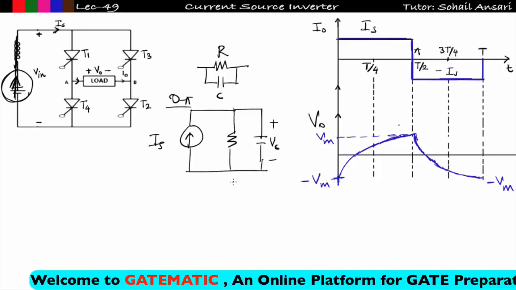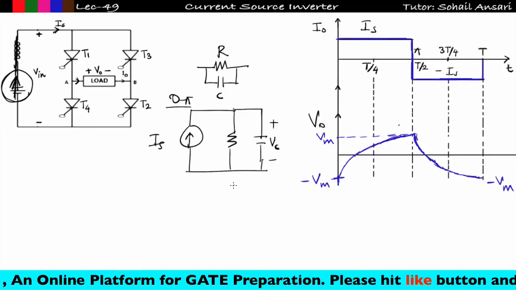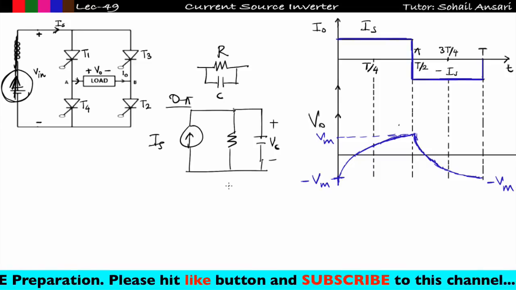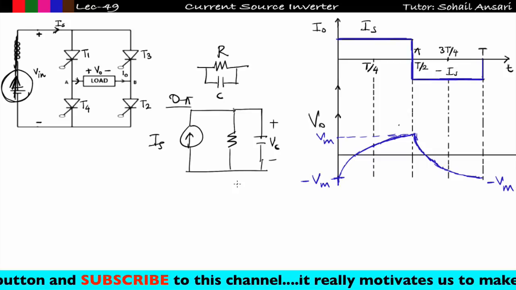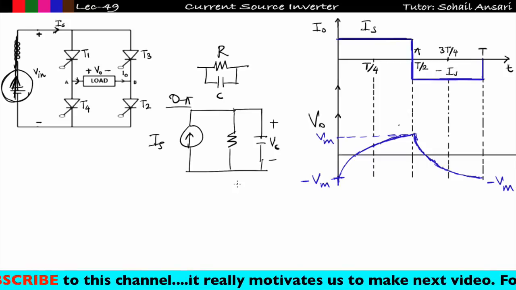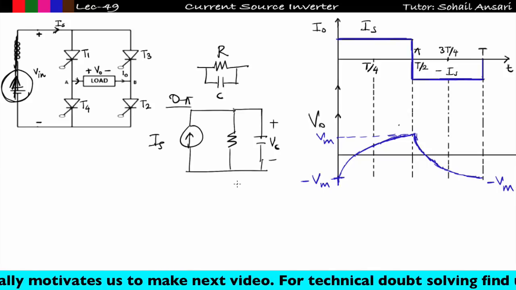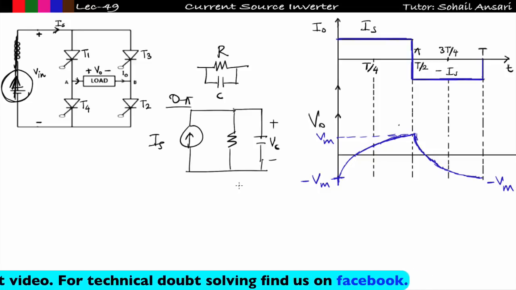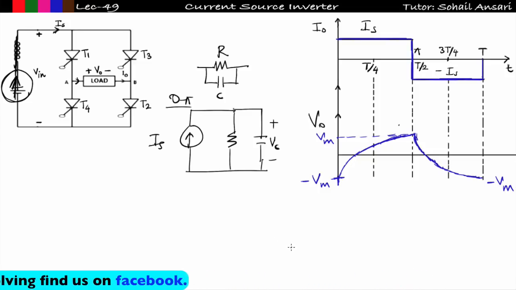Now whether the voltage lags the current or the current lags the voltage depends upon the RC load. Here RC load is taken, so the voltage across the capacitor will lag the current by some angle phi. As we know, for any RC load the current leads the voltage by some angle phi. In other words, the voltage lags the current by some angle phi, and we get exponential behavior at the output terminal.